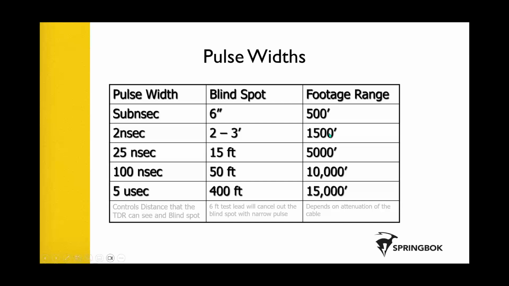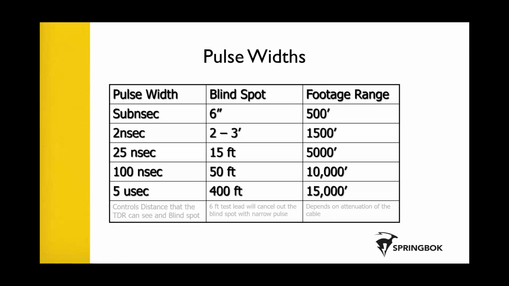Also, this is something that a lot of people get confused on, understandably so. You may also think, if most of the time I'm only shooting up to about 1,000 feet, and if I rarely ever shoot past 2,500 or 3,000 feet, you may look at this chart here and think, well, shoot, I may never need to go above a 2 or a 25 nanosecond pulse width because we don't have cable runs out to 10,000 feet.